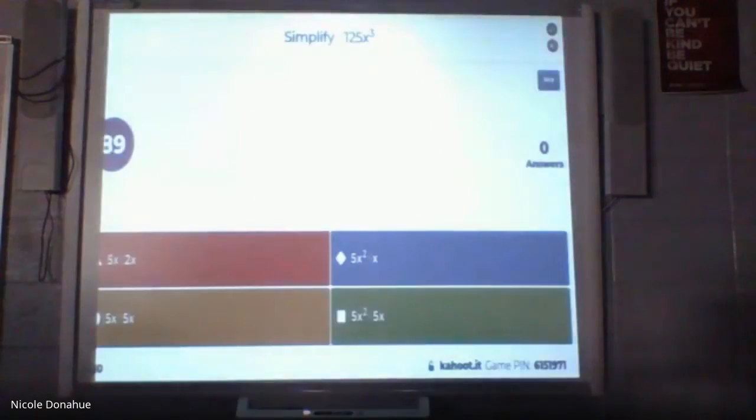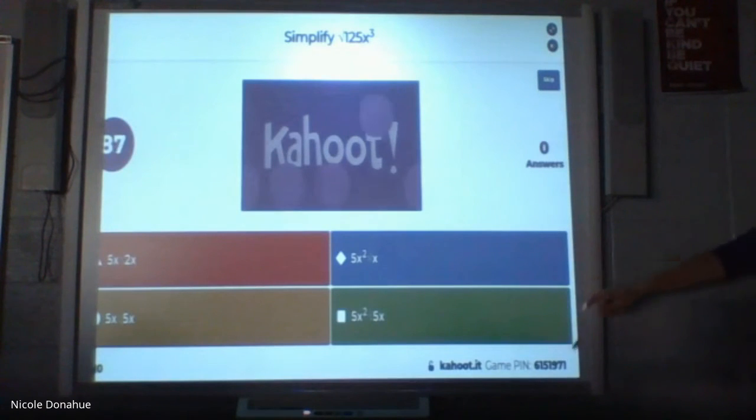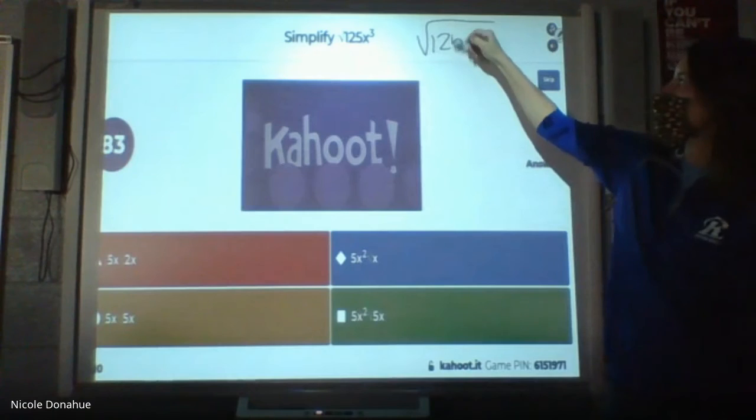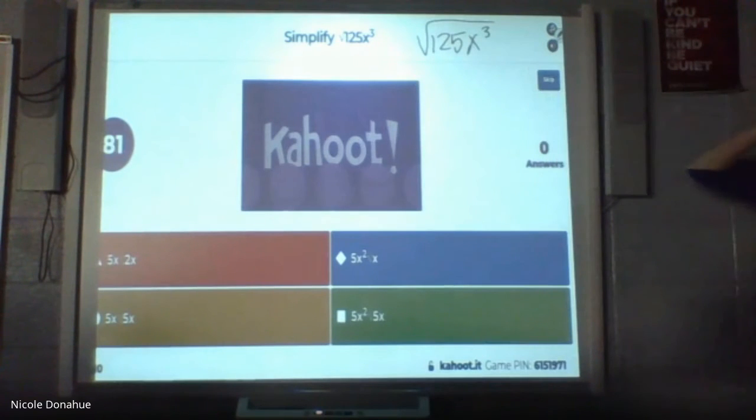So I want you to simplify this as much as you can. Simplifying, this should be the square root of 125 x to the third. Gives you a minute and a half.